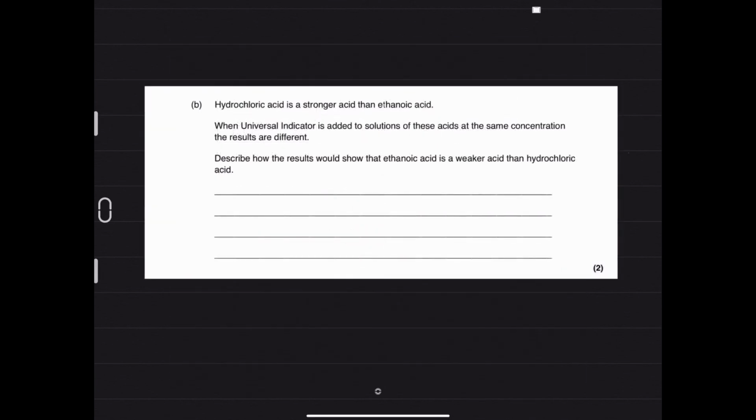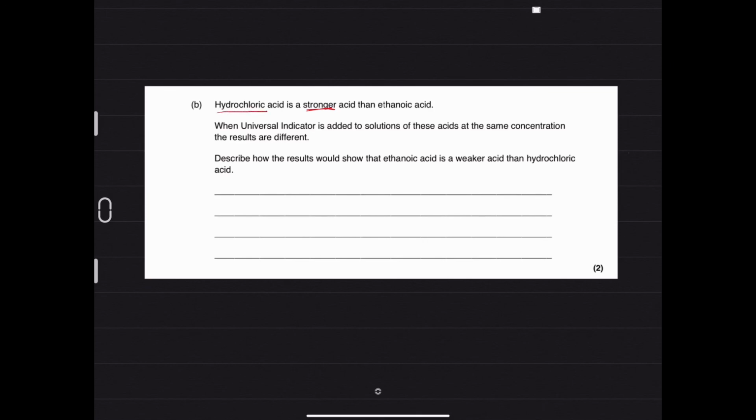Looking at this question, hydrochloric acid is a stronger acid than ethanoic acid. When universal indicator is added to these solutions at the same concentration, the results are different. Describe how the results would show ethanoic acid is a weaker acid than hydrochloric acid. So the opening statement is telling us that hydrochloric acid is stronger than ethanoic acid.